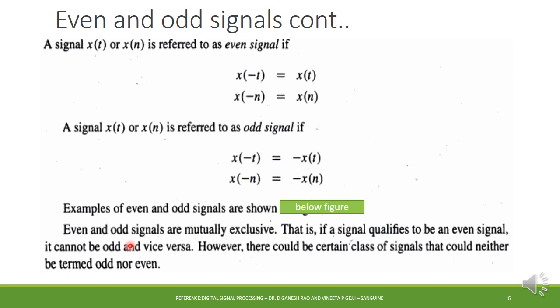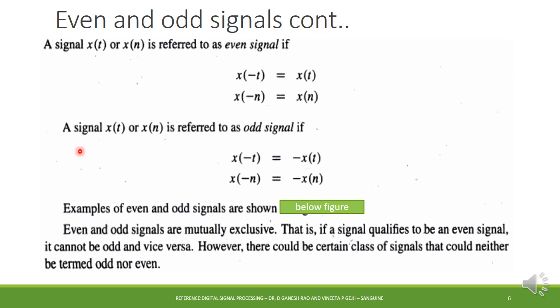Another point you have to remember about this even and odd signal is that even and odd signals are mutually exclusive. That is, if the signal qualifies as an even signal, it cannot be an odd and vice versa. Exclusive is nothing but what? If first I say that x of t is an even signal, it should be even only. It cannot be changed to an odd. Or vice versa. That means if I said it is odd, it should be odd.